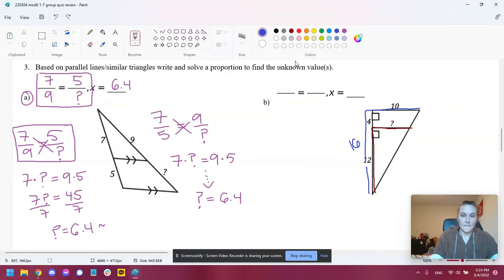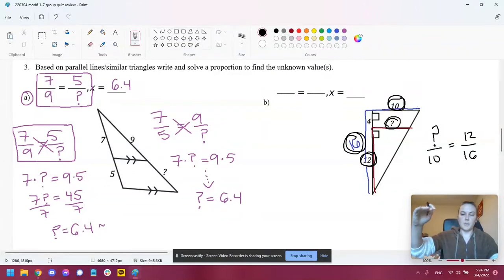Right? So now we want to write the proportion. We can either write question mark over 10 equals 12 over 16, because we've got these two sides divided by each other are going to be these two sides divided by each other.